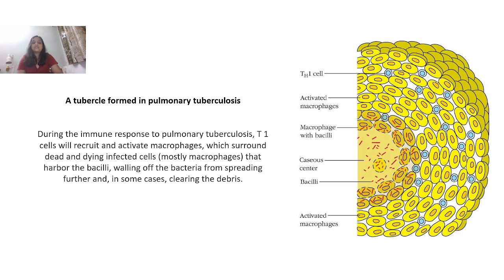During pulmonary tuberculosis, Th1 cells will recruit and activate the macrophages which surround the dead and dying infected cells.